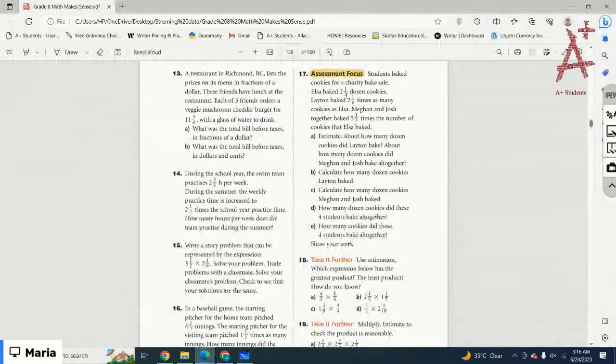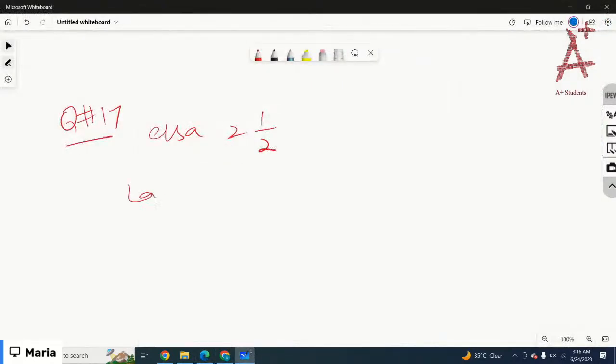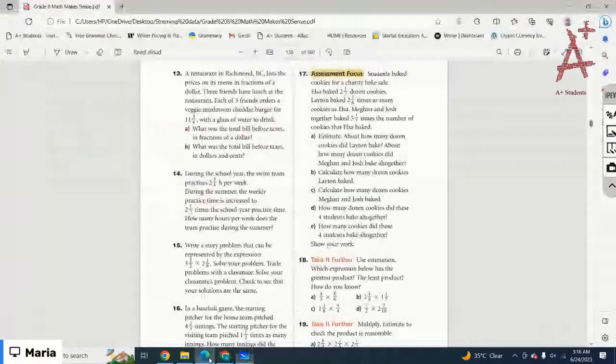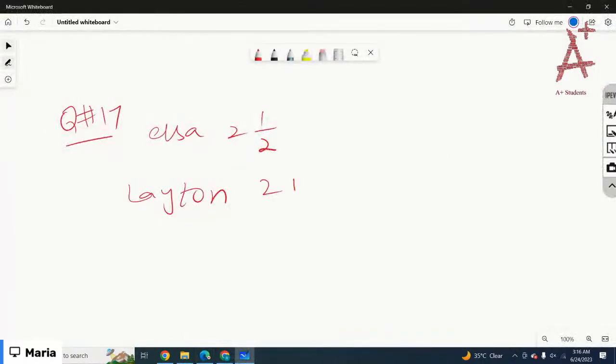And the next one is Leighton baked 2 whole 1 over 6 times as many cookies as Elsa. So that means Leighton baked 2 whole 1 over 6 times Elsa. So Elsa baked 2 whole 1 over 2. So let's just evaluate. It would be 13 over 6 times 5 over 2.